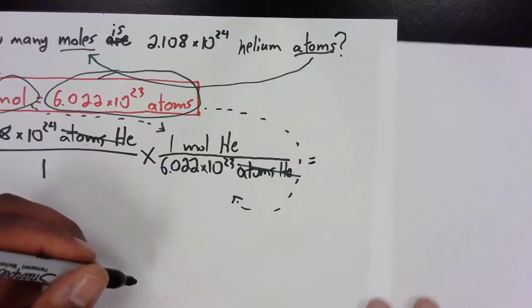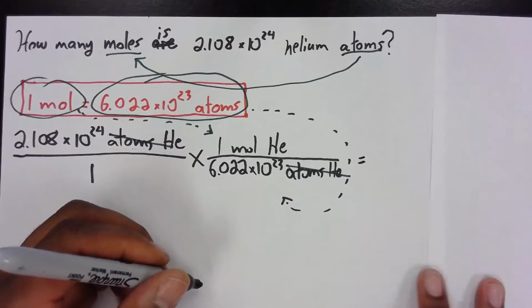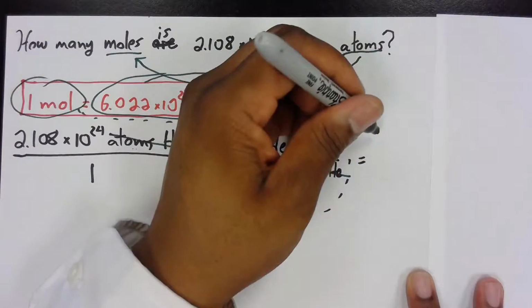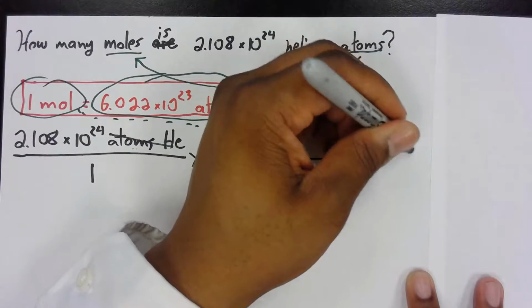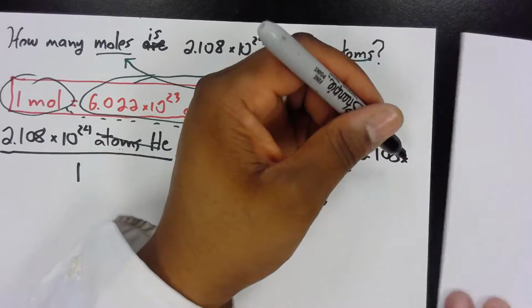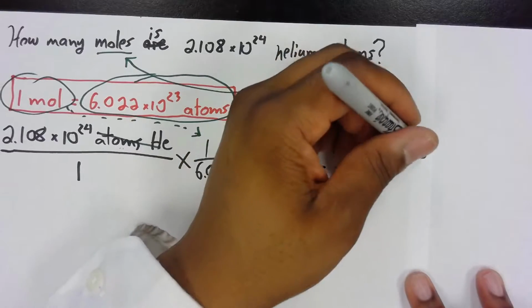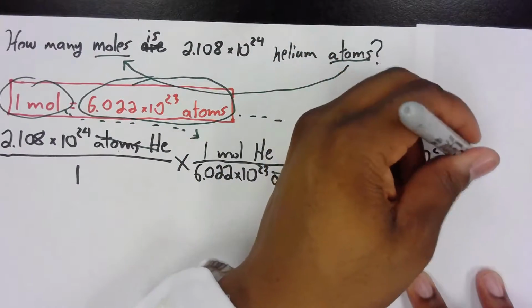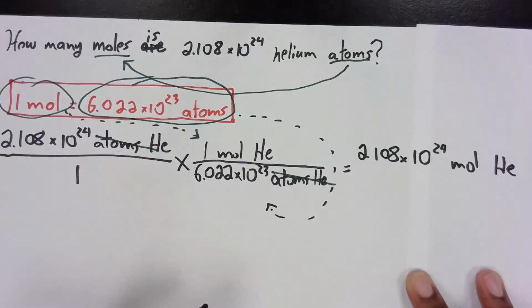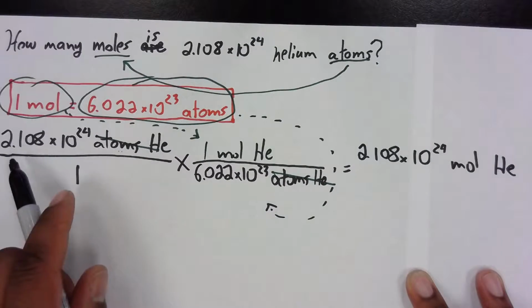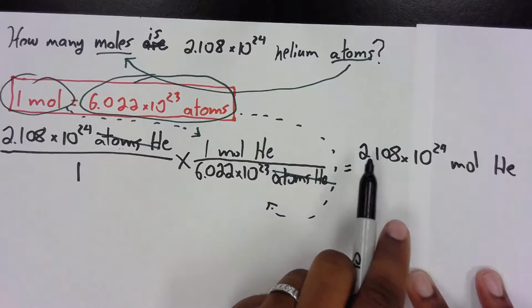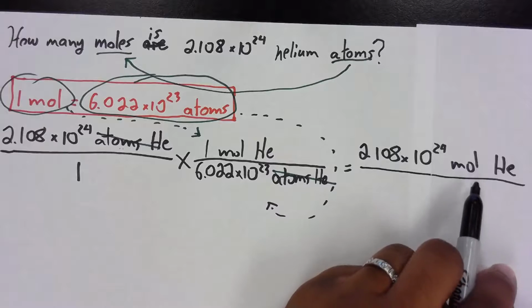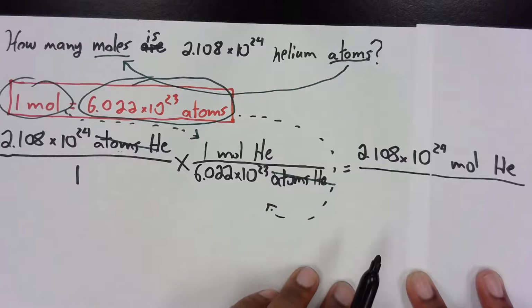Equals, now I'm going to say 2.108 times 10 to the 24th times 1 mole, that's up top. So 2.108 times 10 to the 24th moles of helium is on top, because any number times 1 is going to be itself, so that number doesn't change. And my moles of helium unit is still there, that didn't cancel, that's up top.